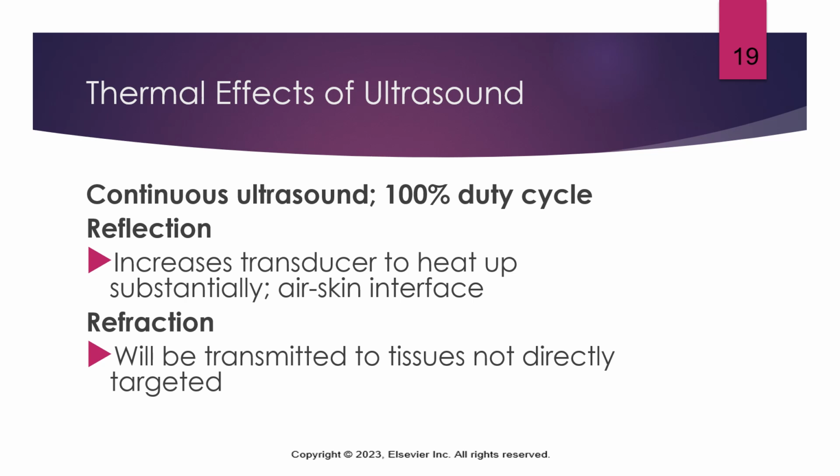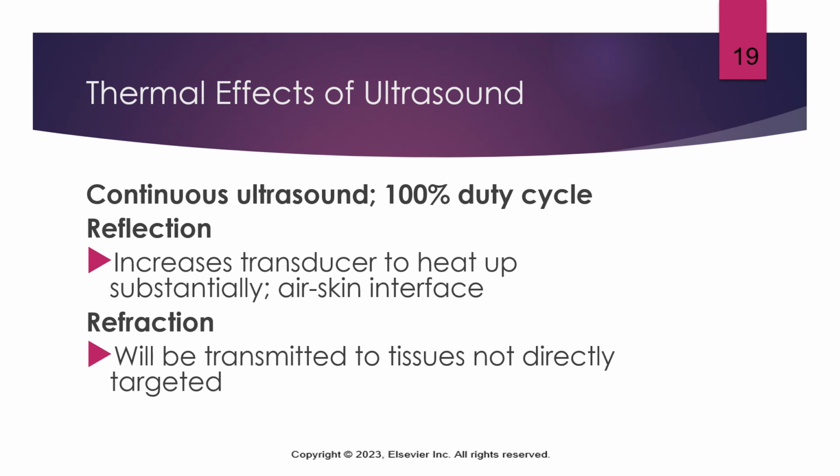Okay, and just to go back to the first point of this here, the continuous ultrasound, that 100% duty cycle, just remember that this means that the ultrasound waves are delivered consistently without any pauses. This is what causes that thermal effect or that heat generation.